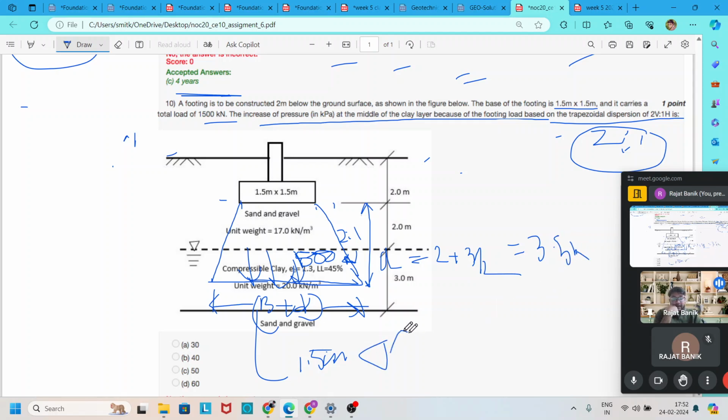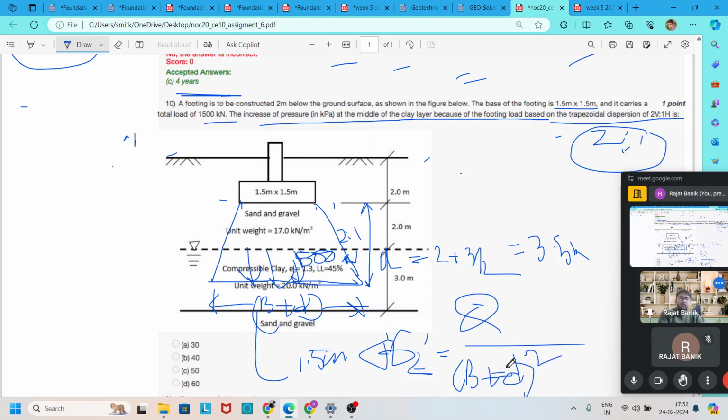So our del sigma z dash is, in general form, Q divided by (B plus D) whole square, because it is a square footing and the width of the load dispersion trapezoid is the same in both directions. Putting the values, Q is 1500, B is 1.5 plus 3.5, whole square.